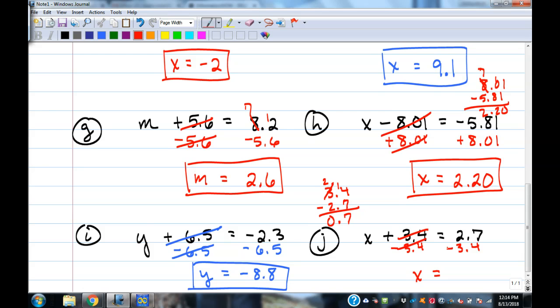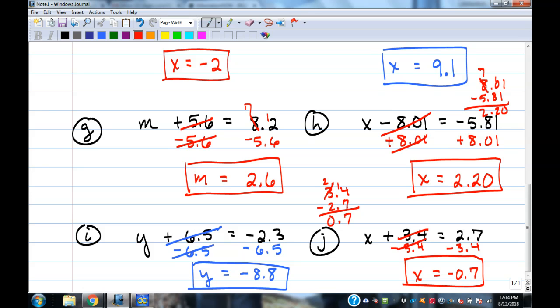The answer is negative because the 3.4 was bigger. It's not a negative 0, it's a negative 0.7. You're right, there is no such thing as negative 0, but the 0.7 makes it different. So be careful of that.